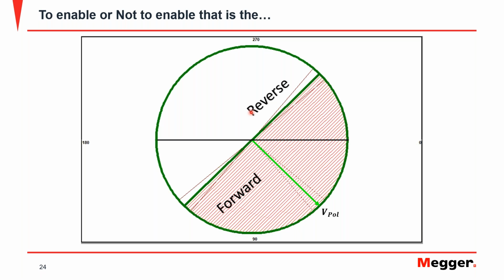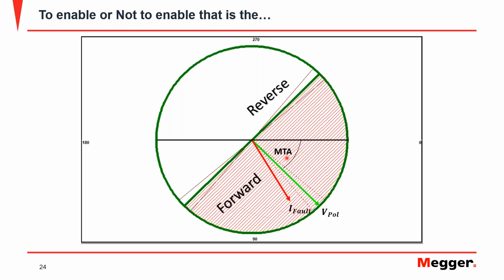Now, every directional element out there will have a polarizing magnitude, which in this case I'm representing here as V-pole. Most of the polarizing magnitudes that are used in directional elements are voltages, and the angle between the origin or the reference point and this V-pole is going to be represented most of the times as MTA, or maximum torque angle.